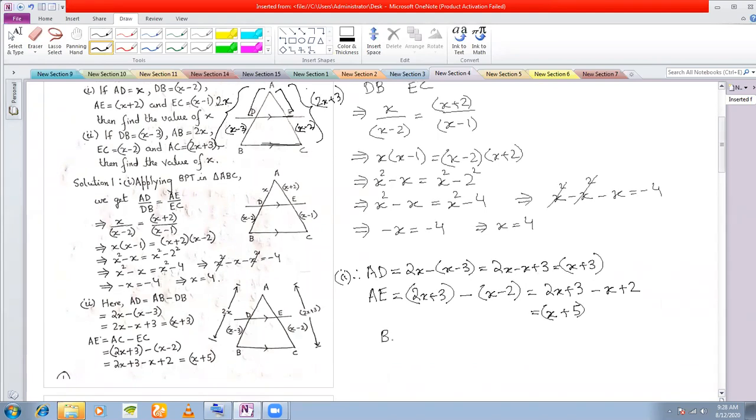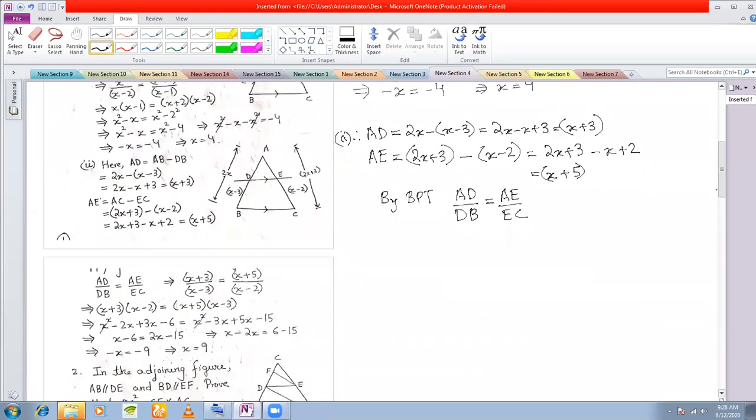Now I'll apply BPT. By BPT, AD by DB must be equal to AE by EC. Okay, because I already know that DE is parallel to BC. That's why I can apply BPT. Now let me just put the values and then find out. So AD is your X plus 3.